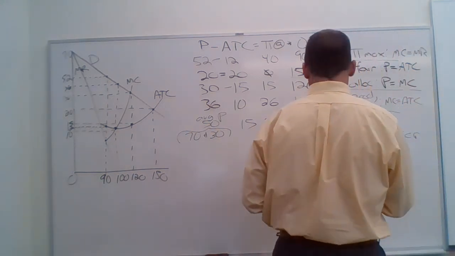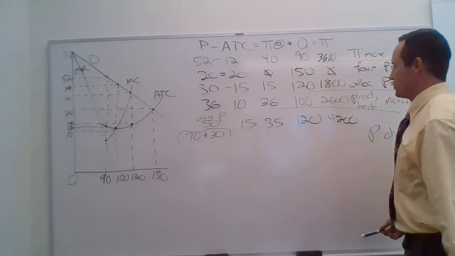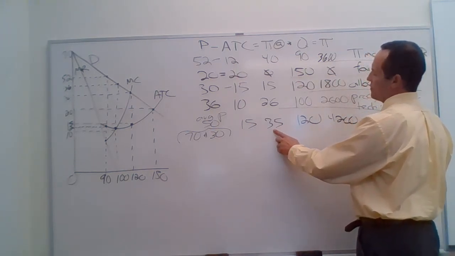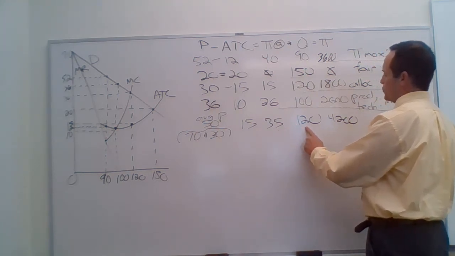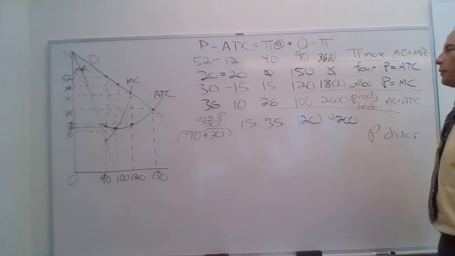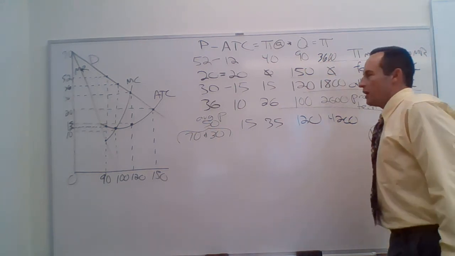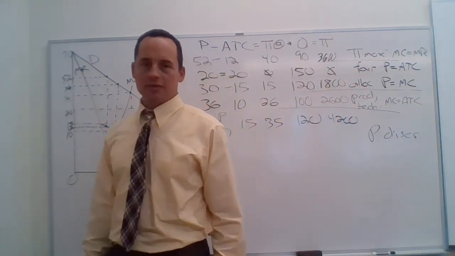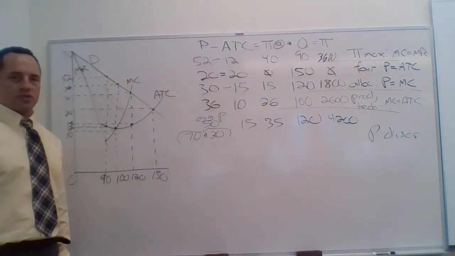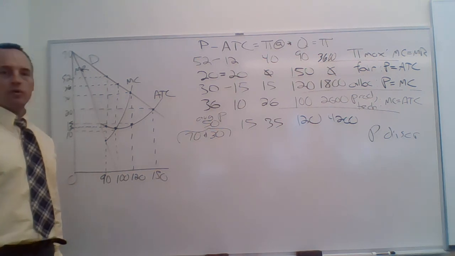So we'll have a total profit of 4,200. 35 times 120 gives us 4,200, and that will be our profits under discrimination. So here's the real low-cost monopoly. I hope this presentation has cleared things up for you, and thanks for watching.